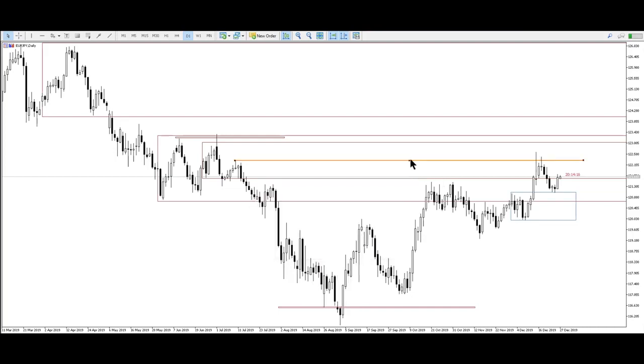Orange. We got a nice raid. And return to this very origin. So it's a raid within a block. Now we're just looking for break in structure.